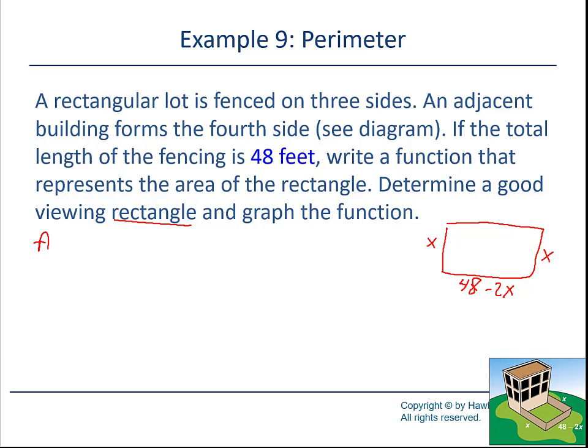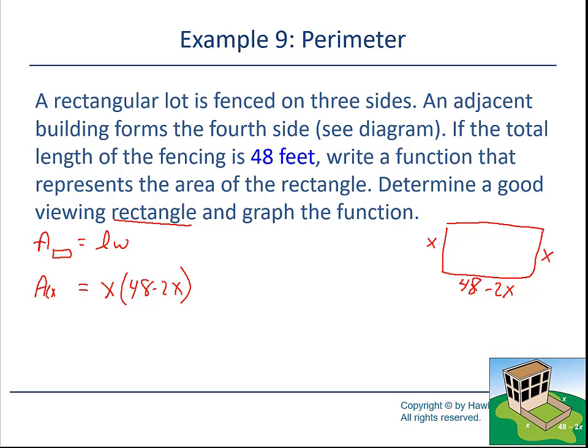The area for a rectangle is length times width. So the area for our rectangle will be x, which is one side, times 48 minus 2x for the other side.